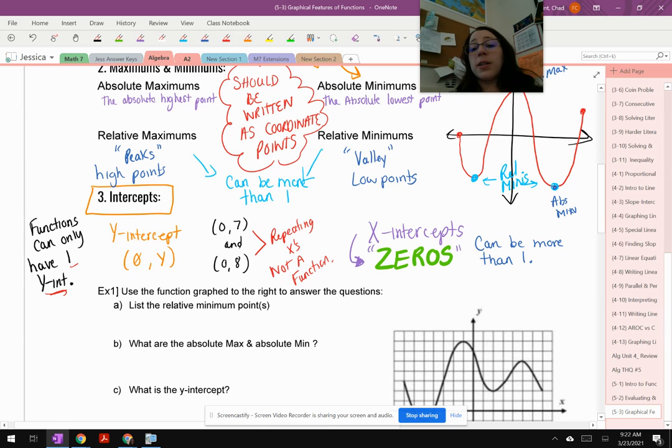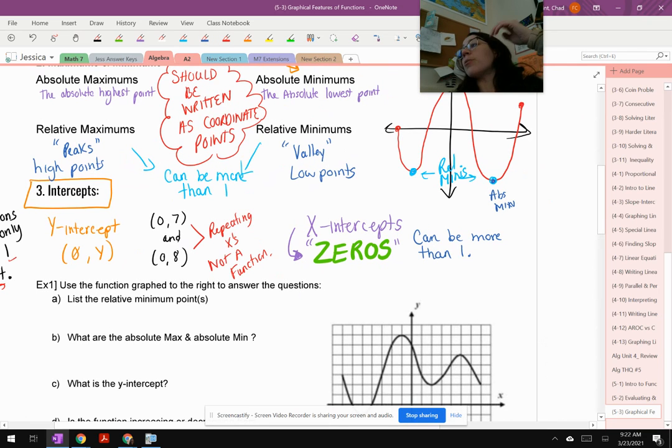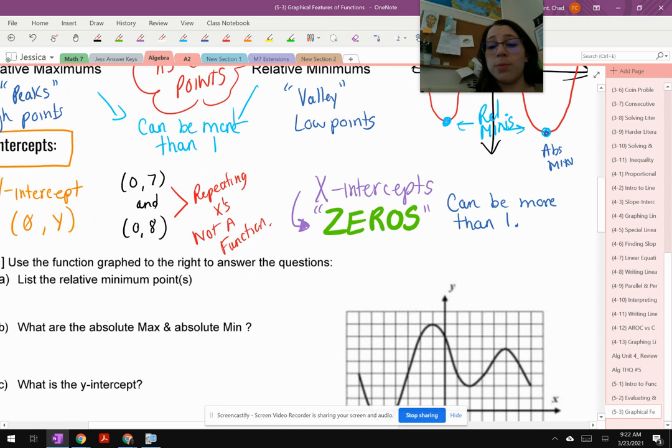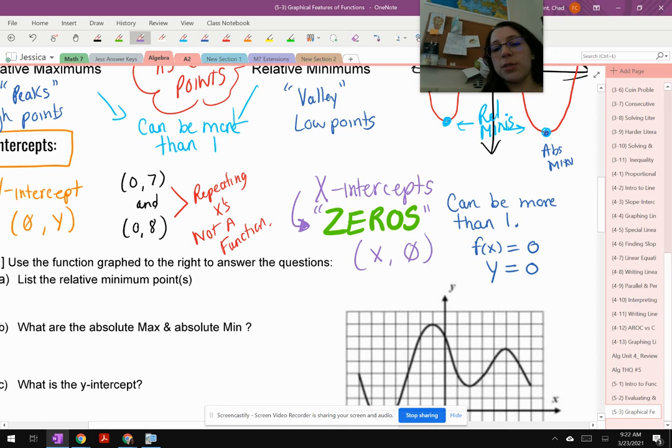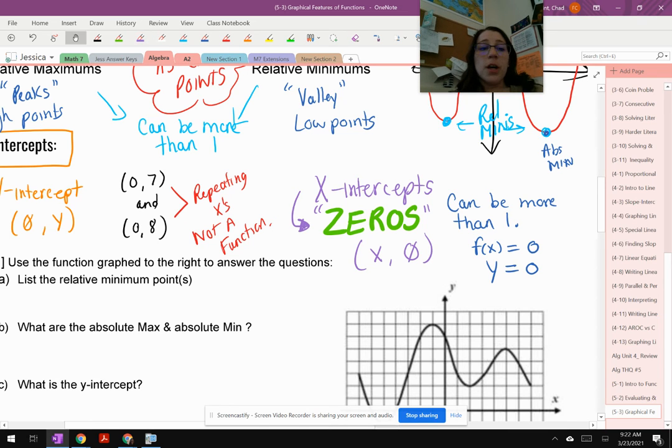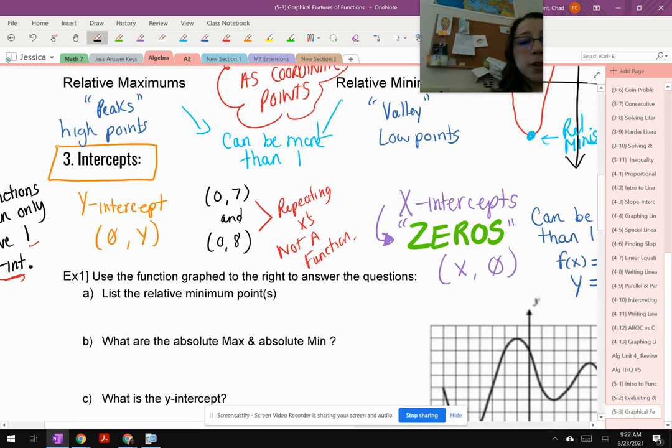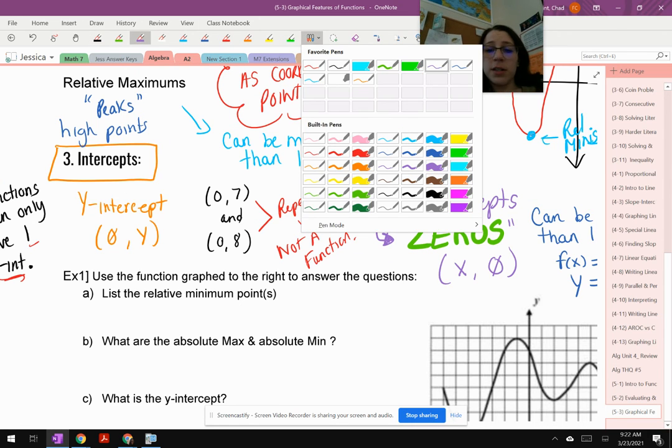And that's because we can have repeating y values, but not repeating x values. These are called zeros because f of x is equal to 0, or y is equal to 0. And your x-intercepts are written as x, zero. So just make sure you keep those two separate from each other, your y-intercepts versus your x-intercepts.